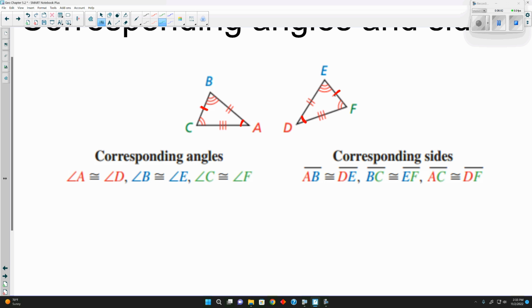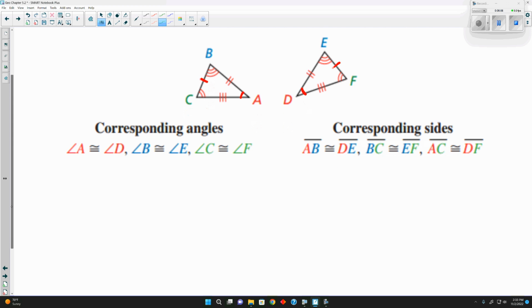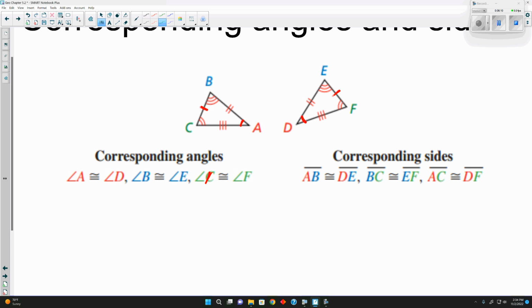The way that we can write a congruency statement saying that the two figures are congruent is we start off with naming the first one. Now with triangles, we'll make a triangle symbol. Looking at this first one here, what is a way that we can name this first triangle?